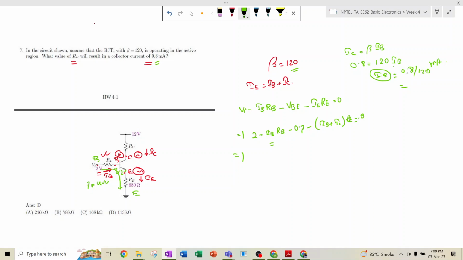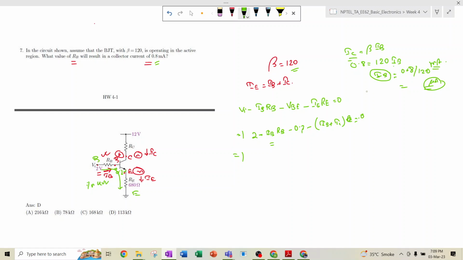You can also learn this from the device point of view, because in the base terminal there is minority carrier flow, so the current contribution is very small, in the microampere range, while the collector current is generally in the milliampere range.